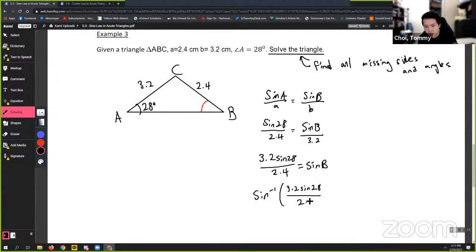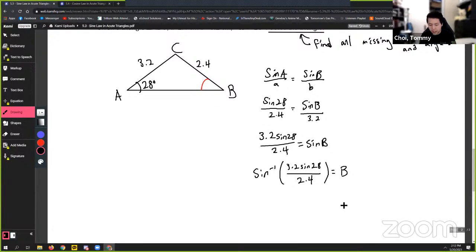So this is what we learned yesterday, a reminder of how to solve using sine law. Doing this on your calculator, you should get, and if you haven't done it, you should try it now, sine inverse of 3.2 sine 28 divided by 2.4.